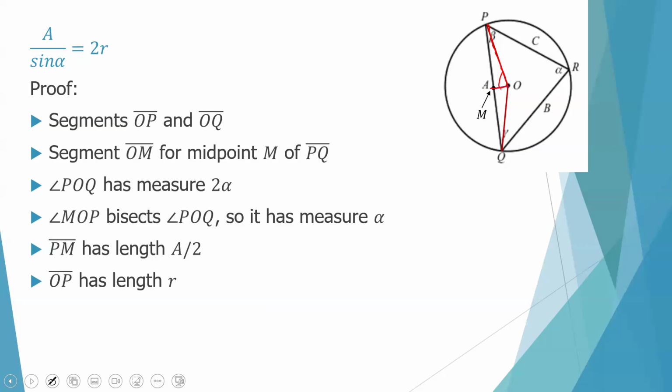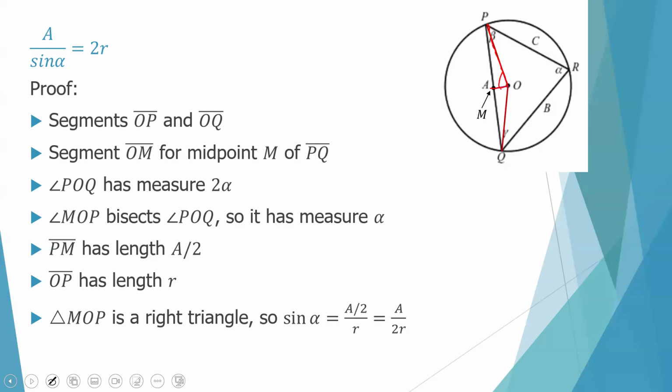OP has a length of R. So just in that little triangle, I have some information. The triangle MOP is a right triangle by design. This is the right angle right here.